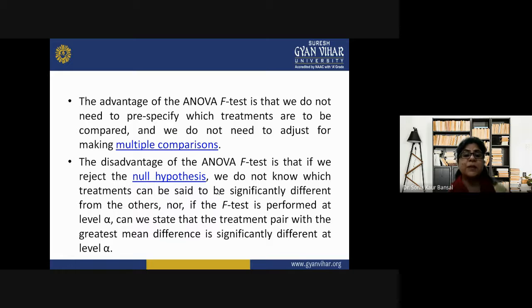Okay, so multiple comparisons are made, but we are clear that we do not need to adjust for making multiple comparisons. Comparisons will come out as they are. So we do not need to preset them. Don't preset them. The F-test will bring them out itself.